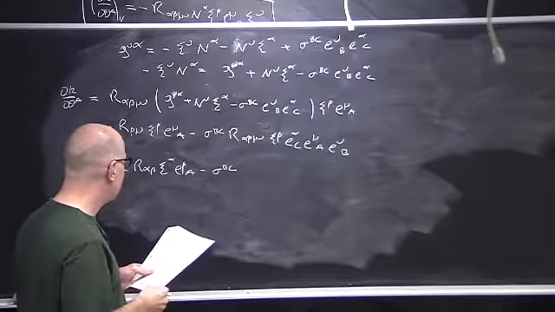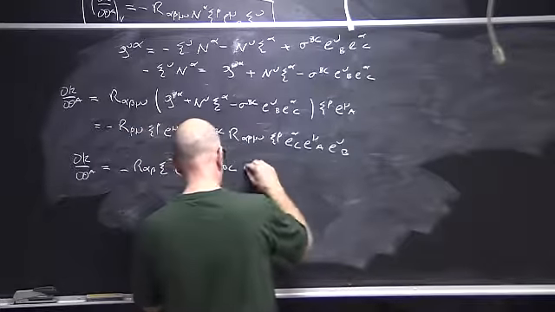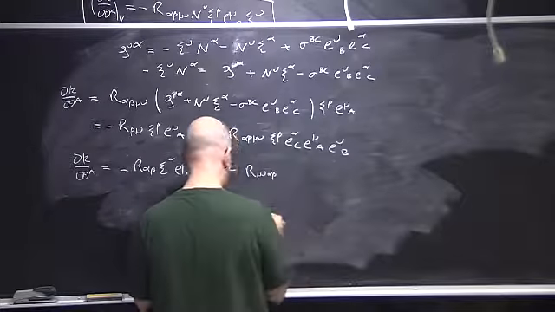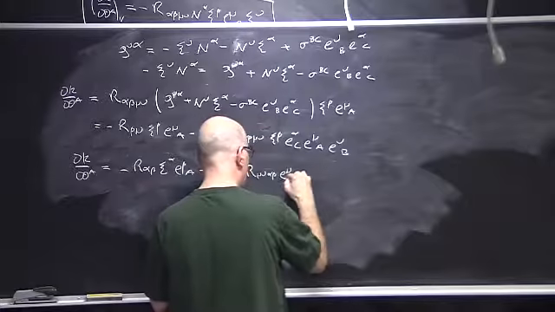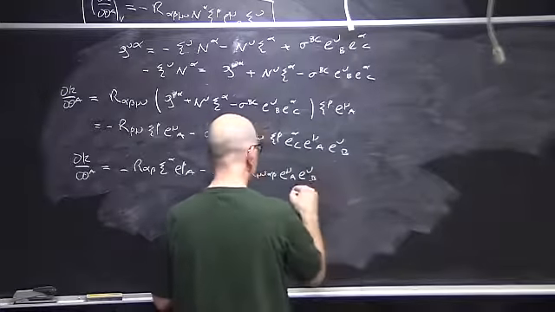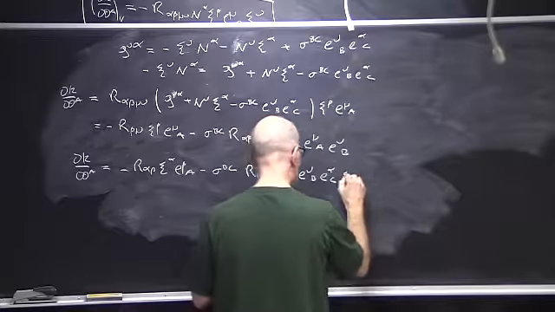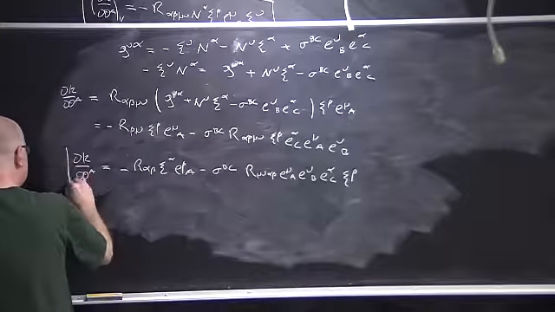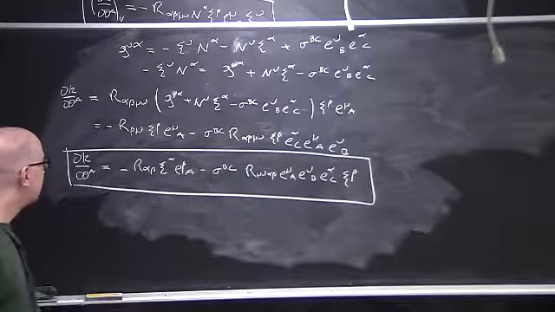So I'm going to write it as μναβ. And now the first vector that comes is e_A, the second vector that comes is e^ν_B, then we have e^α_C and c^β. And that's exactly the same thing as before, but now I've repackaged my Riemann tensor in a slightly different way.